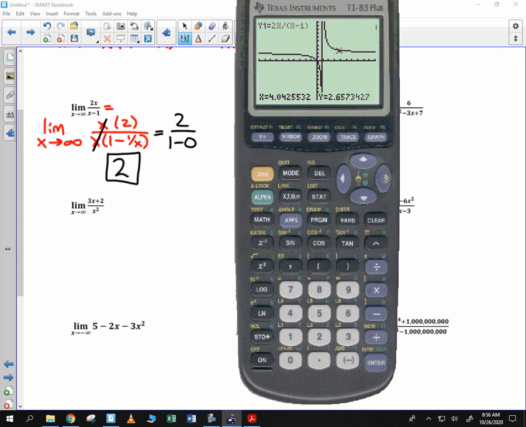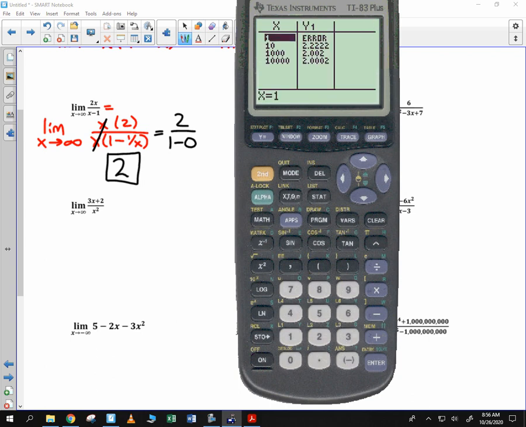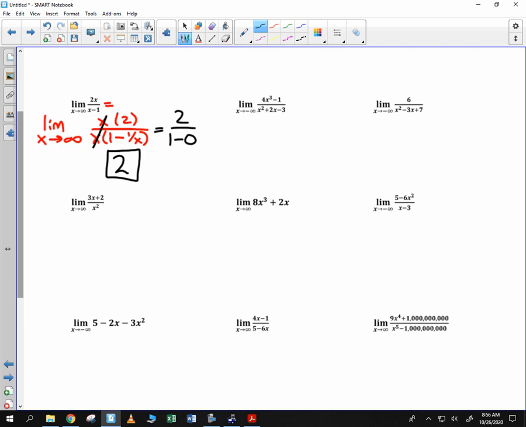As the x values get larger, what's happening to the y values? You can see that the asymptote is at 2. So the y value is staying very close to 2. If you check out the table, if you increase your x values dramatically, you can see how the y values are staying very close to 2. So this does confirm that idea.